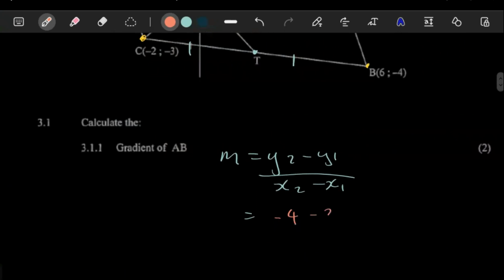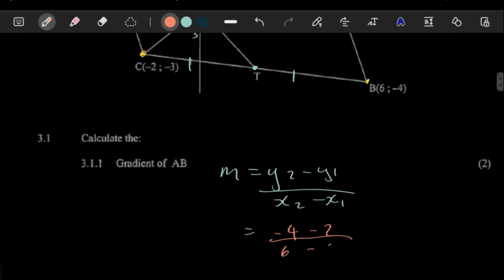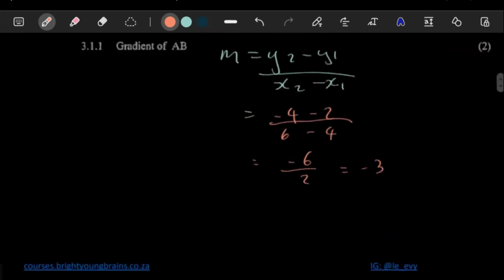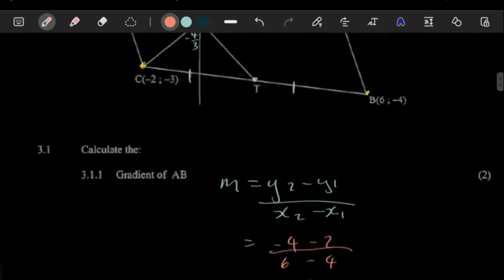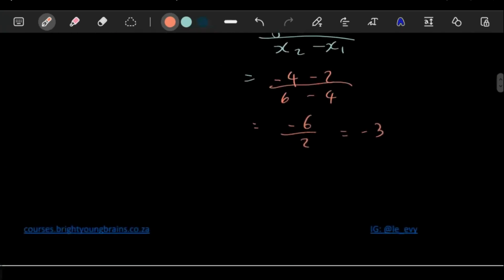Negative 4 minus 2 is negative 6, and 6 minus 4 is 2. So we have negative 3. That's the way we like it. Nothing crazy, nothing major.